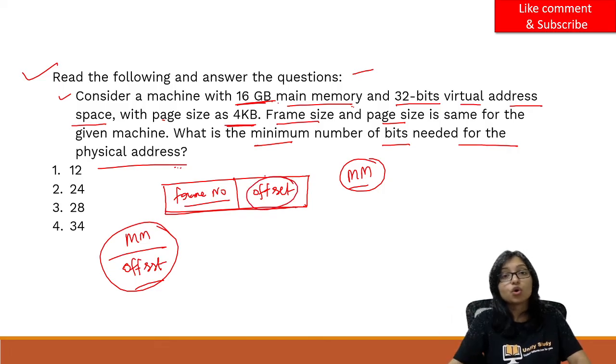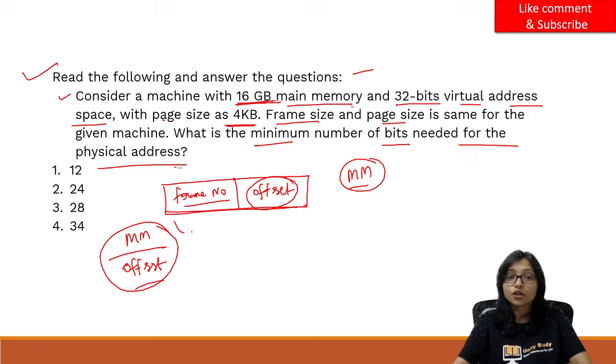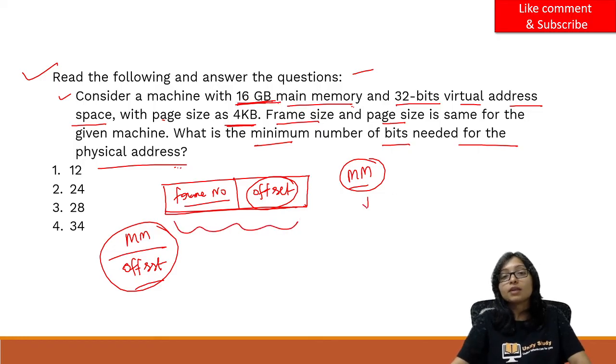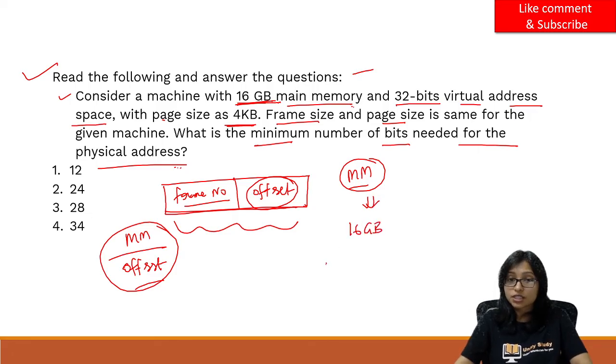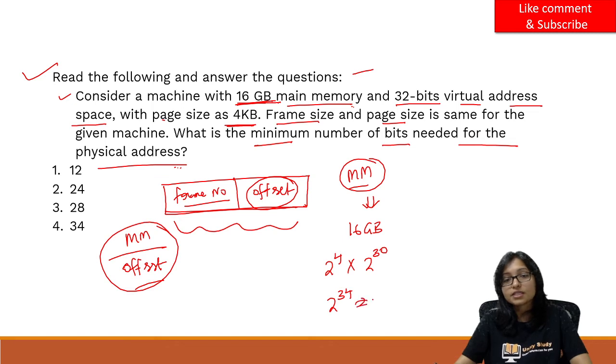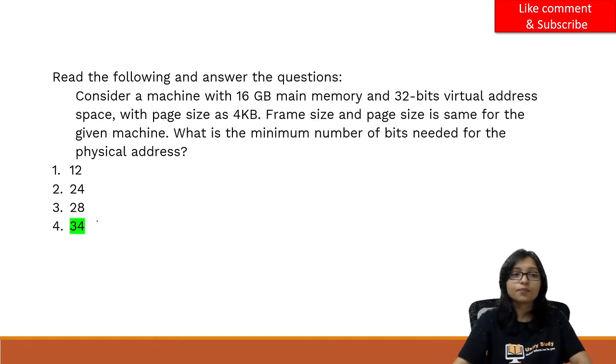So directly from the main memory I can get the total size. Main memory is given here as 16 GB, which means 2 to the power 4 multiplied by 2 to the power 30. So it will be 2 to the power 34, which means the number of bits is 34. So your answer will be 34 here.